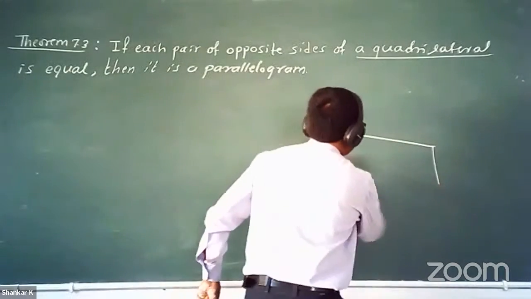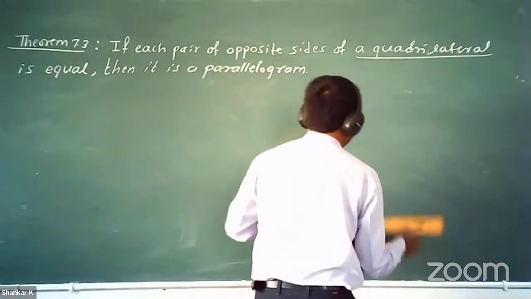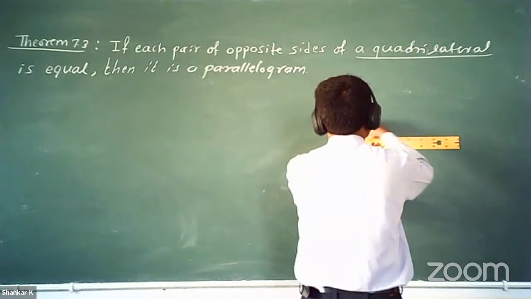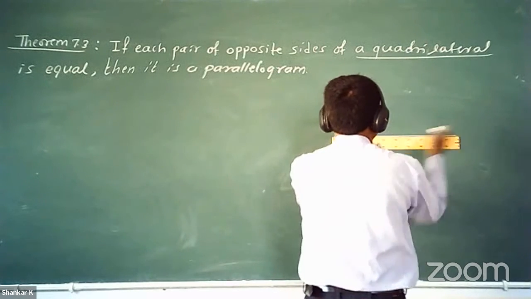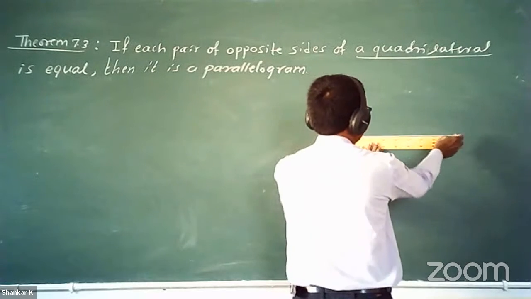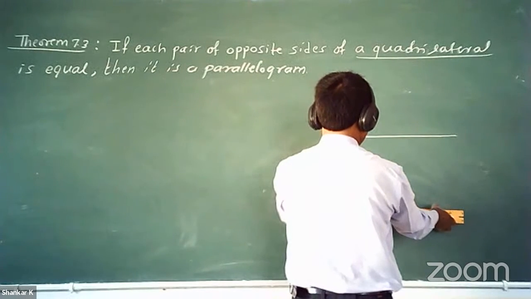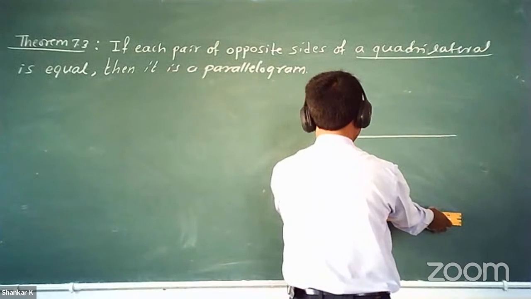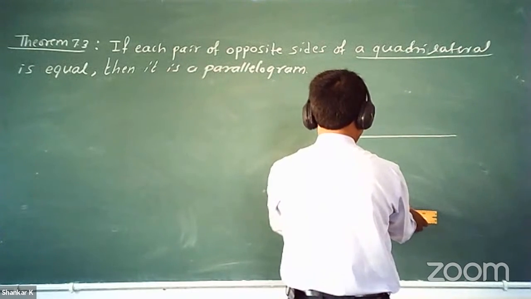Now, if we draw a quadrilateral in which opposite sides are equal, I'll draw one here. I have taken 10 centimeters. It is big in size, but to make you understand, I'm drawing a big one.